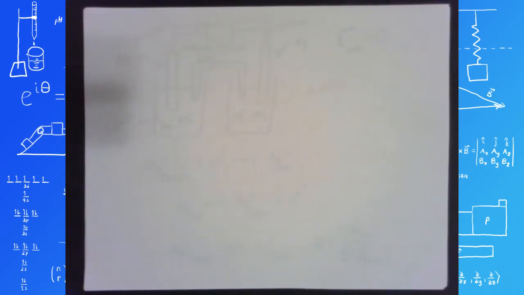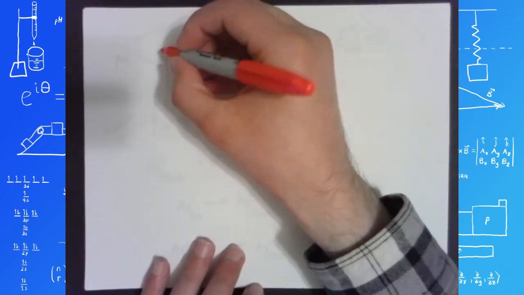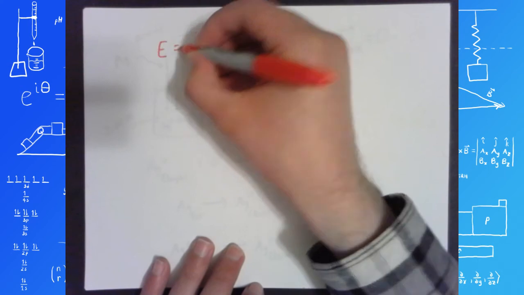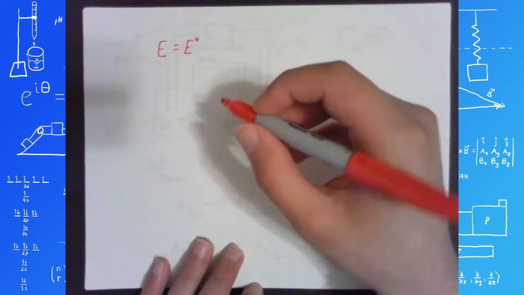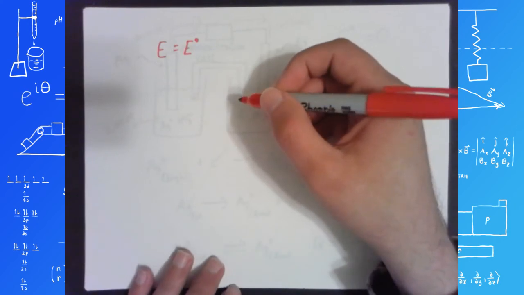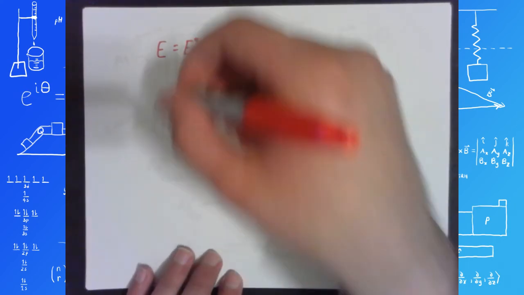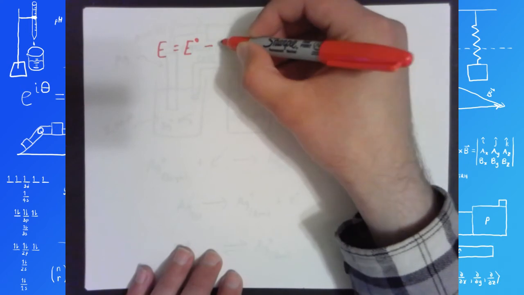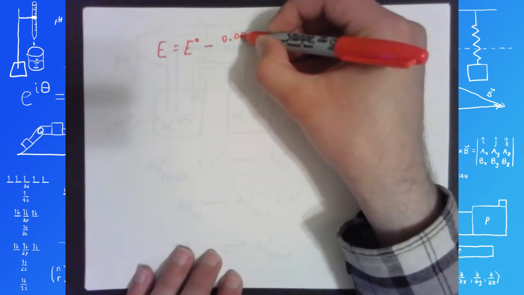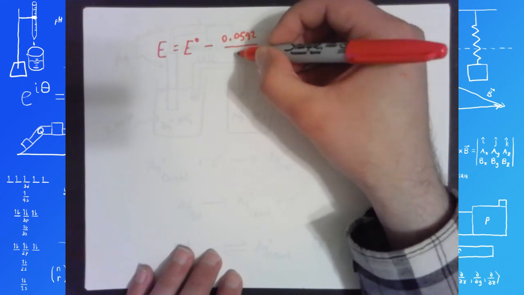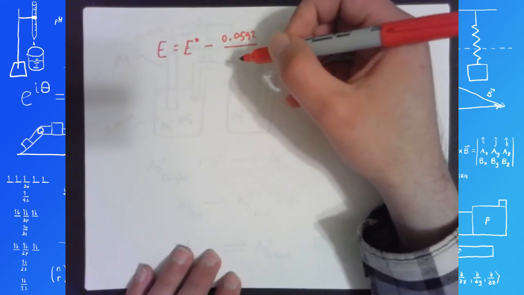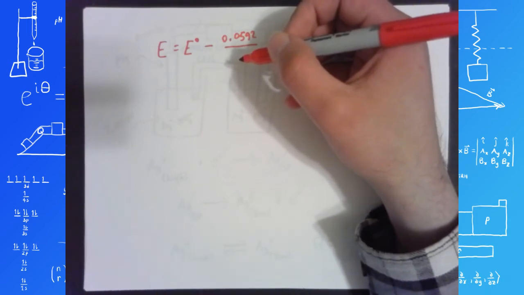So it would be E equals E standard, which you can calculate from data tables, minus 0.0592 over, what is n going to be? It's going to be 2.